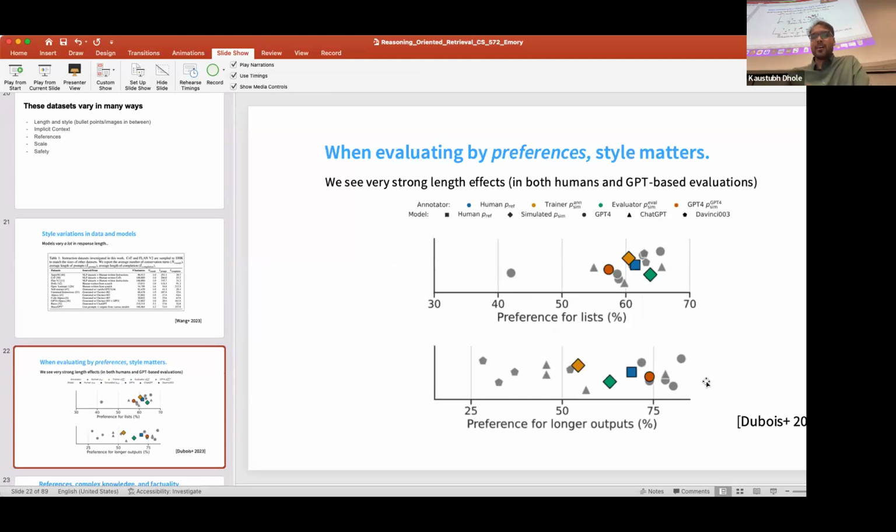But on the other hand, what do humans prefer? Humans generally prefer longer outputs. Humans prefer outputs which also have a list structure in them. This is a pain point, because now we need to take into consideration these different factors which humans like, which are very different from the data sets that we created over all of these years, right?